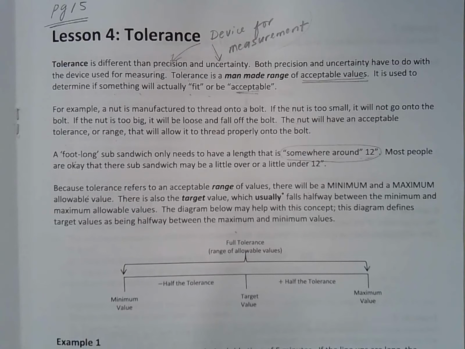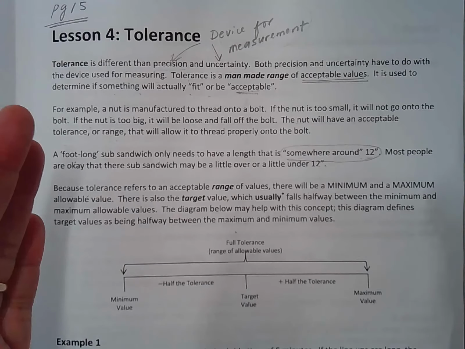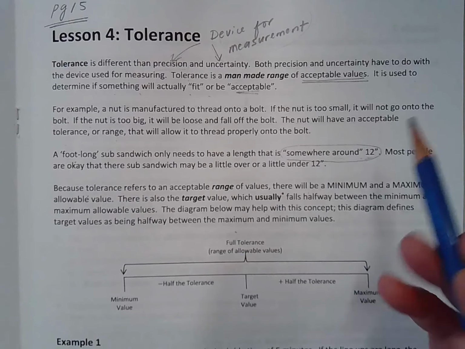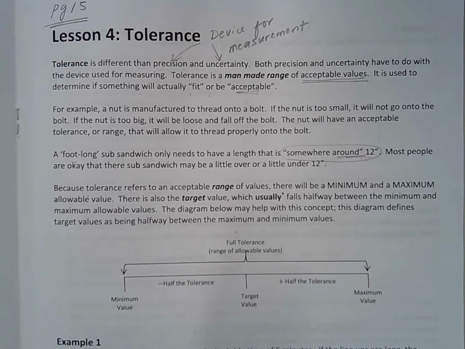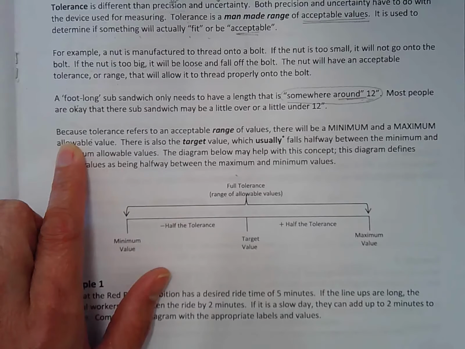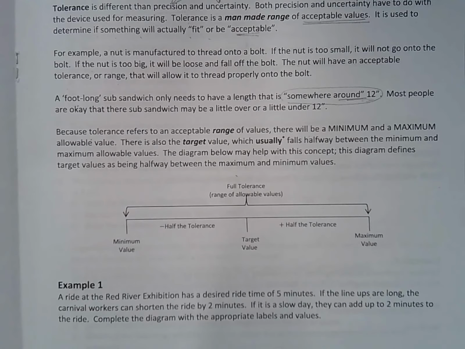Do you think if we measure all of the bread for the sandwich, it's going to be all 12 inches exactly? Most likely not, right? Some would be slightly smaller, some would be a little bit over, but it's somewhere around 12 inches. Okay, so those are the tolerance.